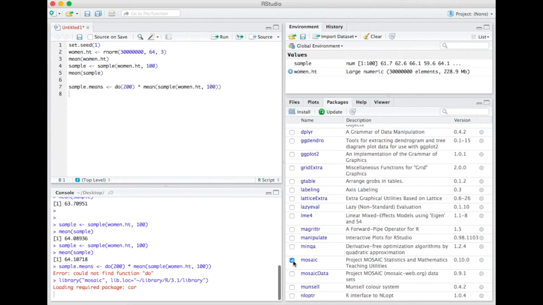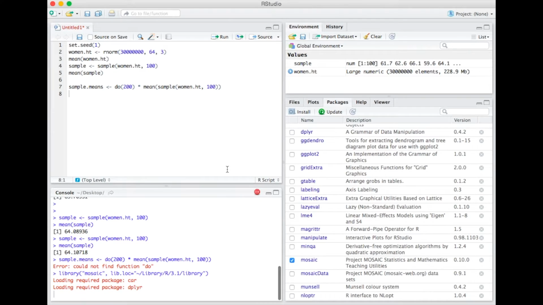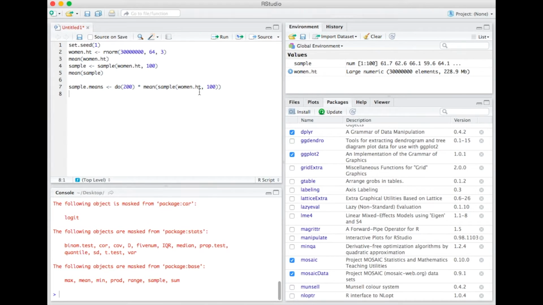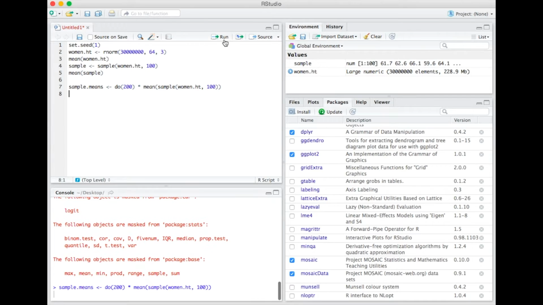All right. This is a mosaic function, by the way, so I need to load the mosaic package first. All right. And now R is going to know what do means. It's going to take those samples for me, and once it does, I'm going to make a histogram of all of those means.